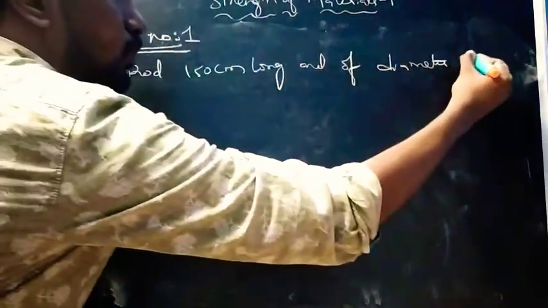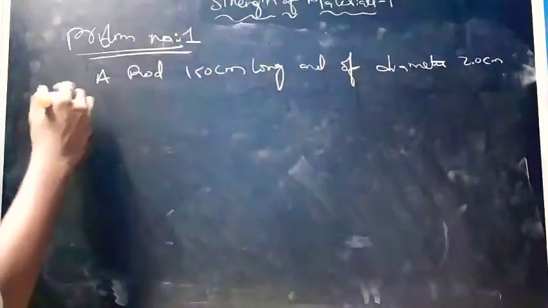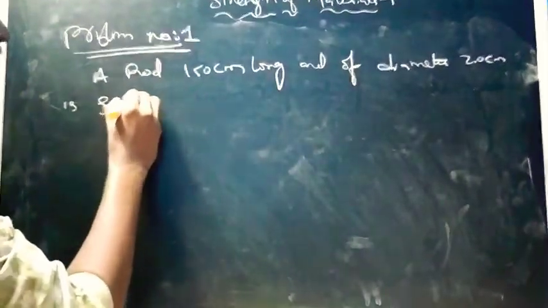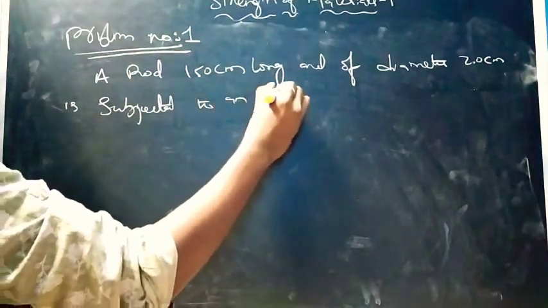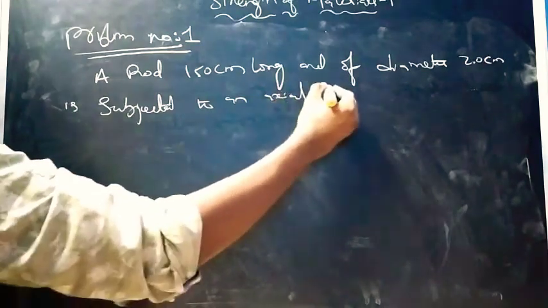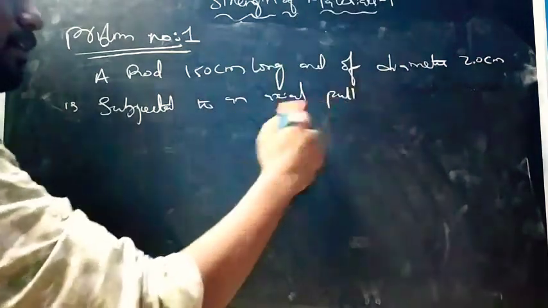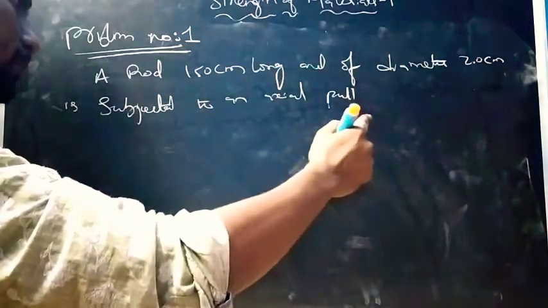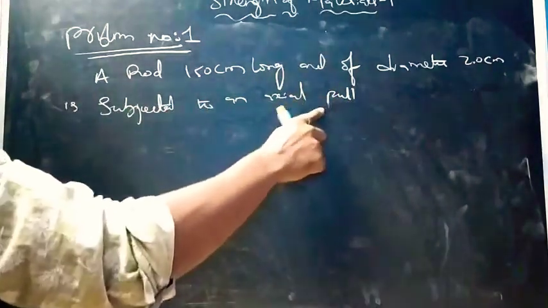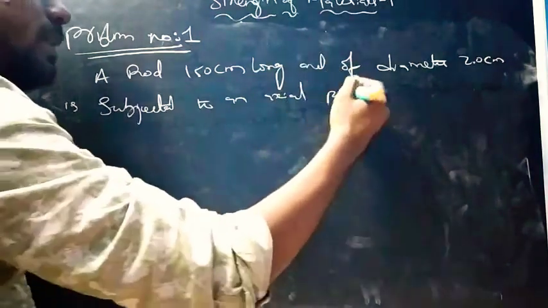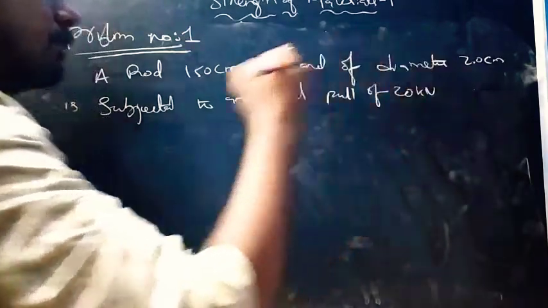It's given 2 centimeters, is subjected to an axial loading. They will just say in the question axial pull. They will not mention tensile load or compressive load, they will say axial pull. So it is a pull kind of load, and we have to apply that. So axial pull of 20 kilonewton, right?